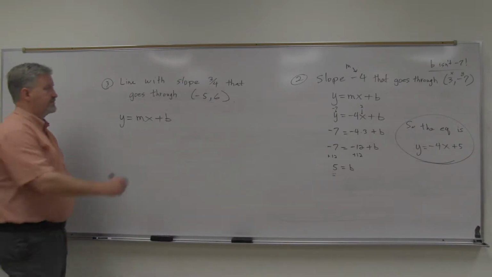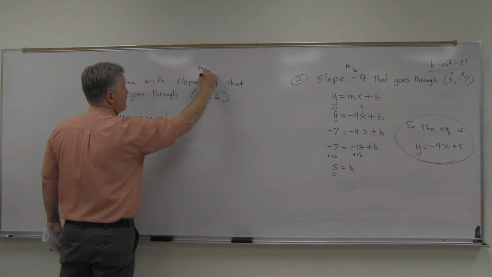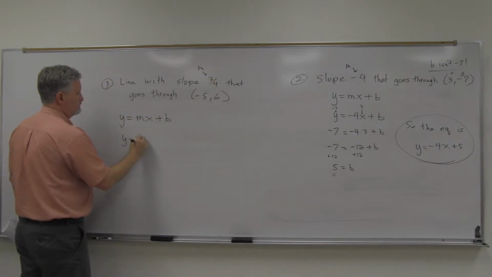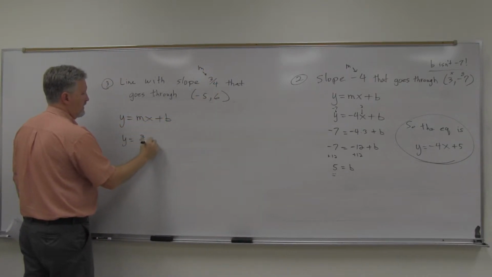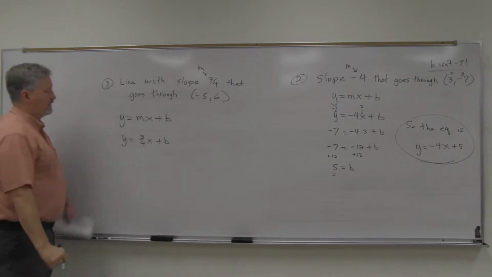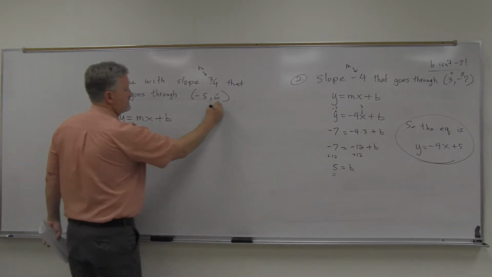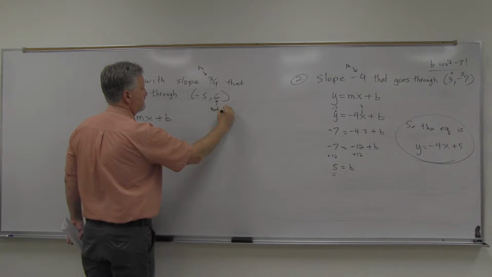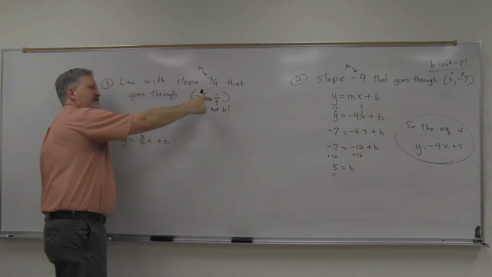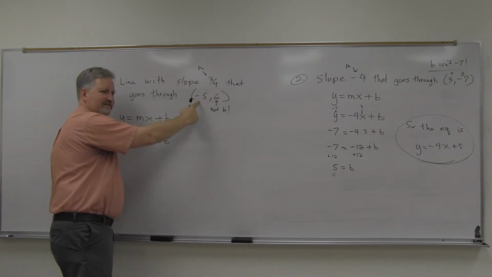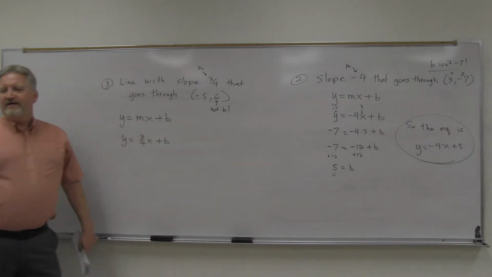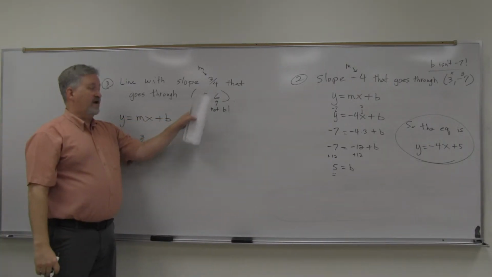Again, we've got the slope, so that's the m. Now, again, 6 is not b. Because for 6 to be b, what would have to be the x? 0. If b was going to be 6, the x would have to be 0.